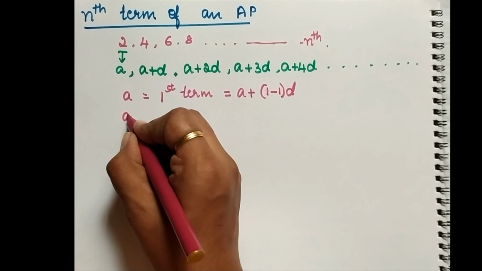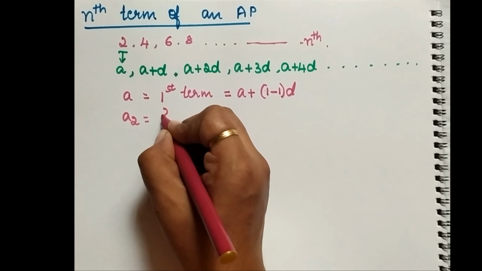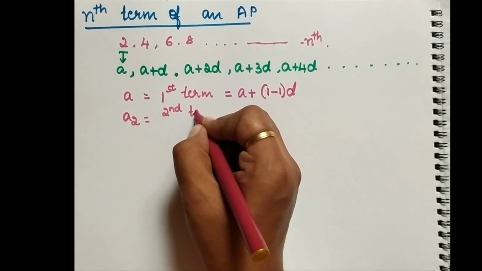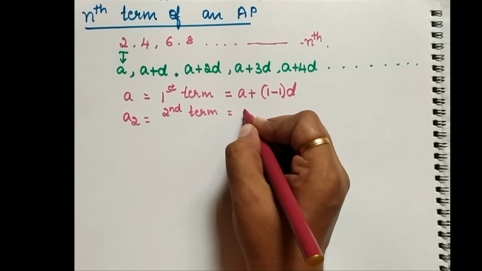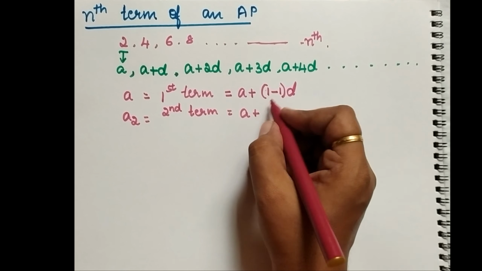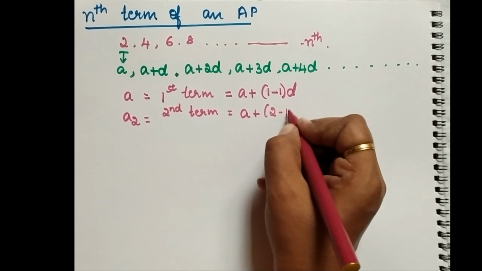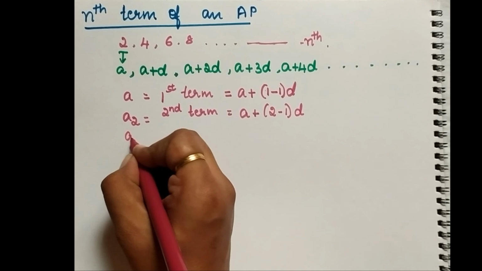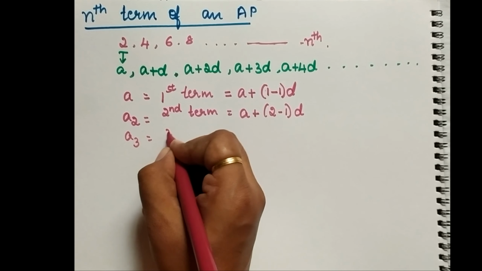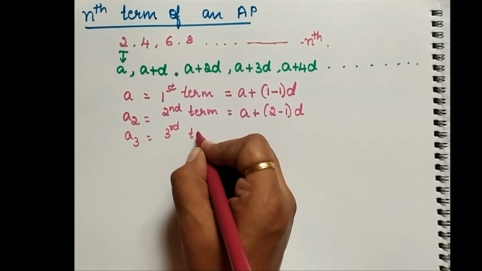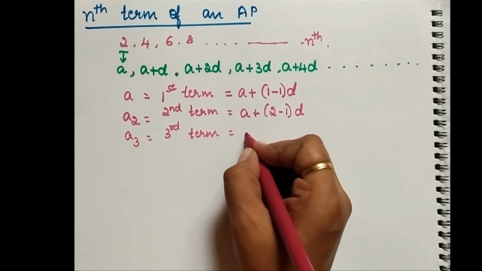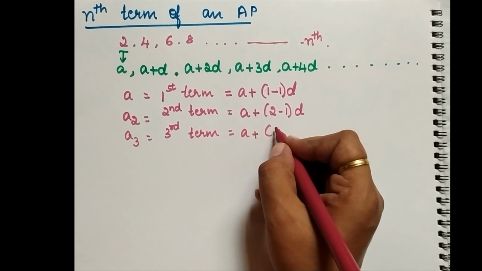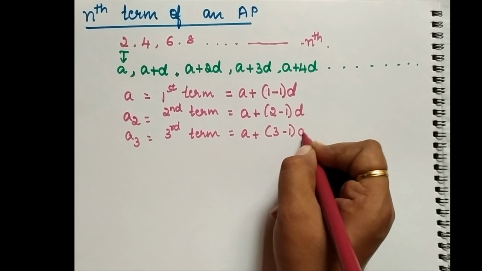Next, A2, the second term, as A plus 2 minus 1 into D. Third term, A3, A plus 3 minus 1 into D.